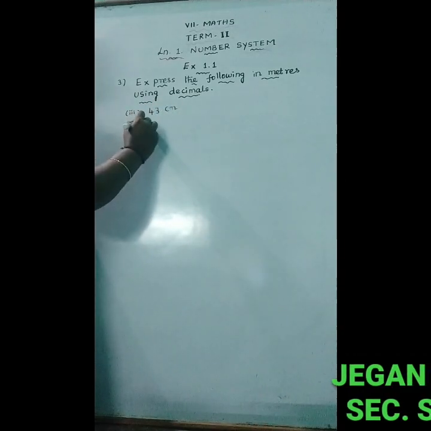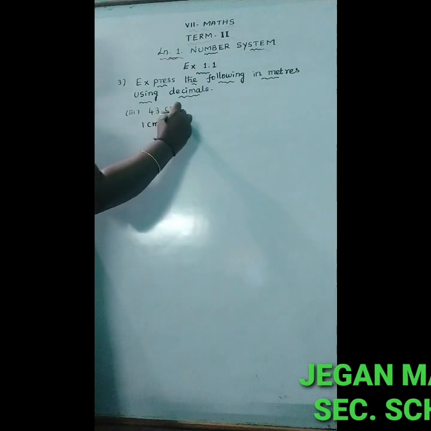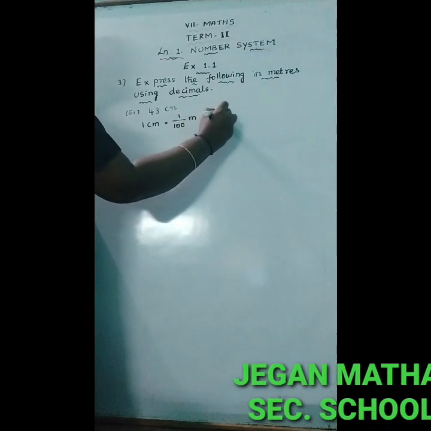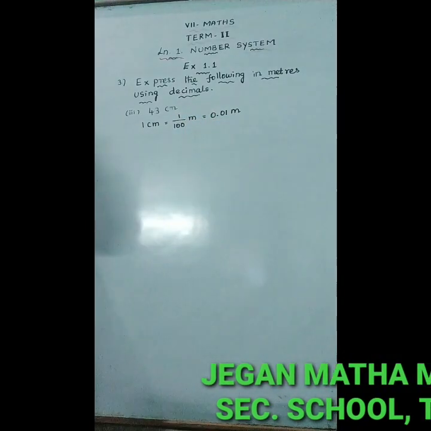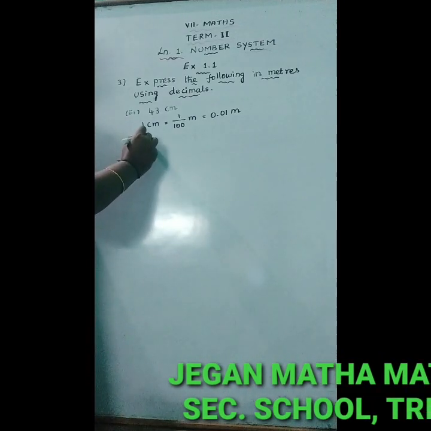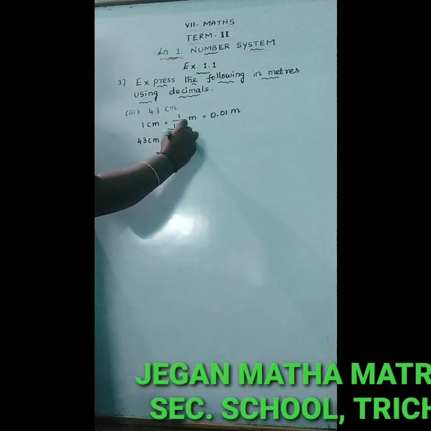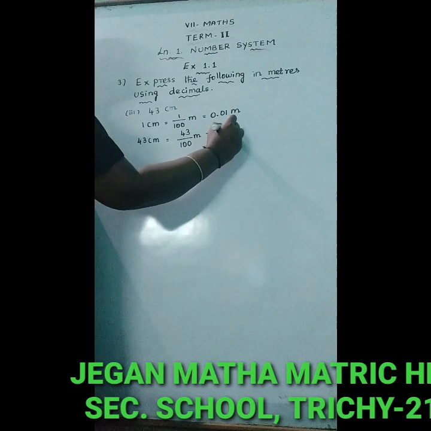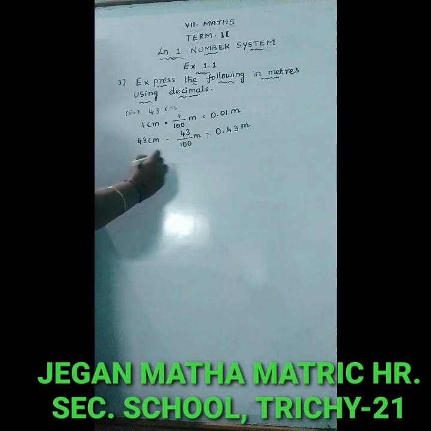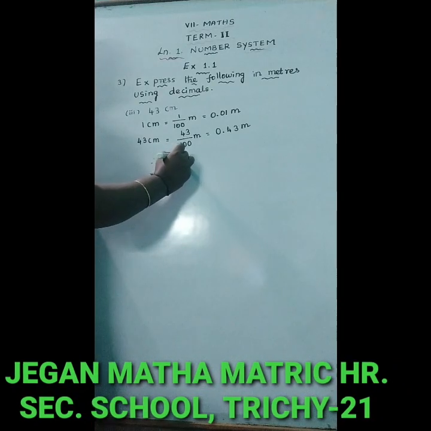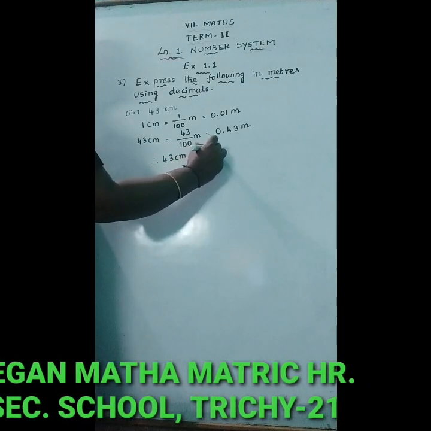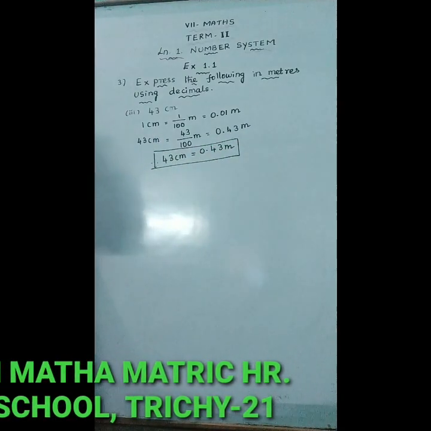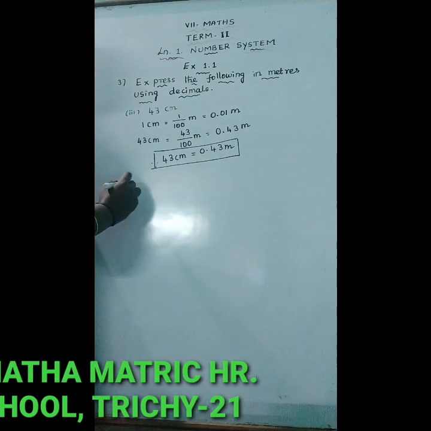Already we know 1 centimeter is 0.01 meter. So 43 centimeter is equal to 43 divided by 100 meter, that is 0.43 meter.